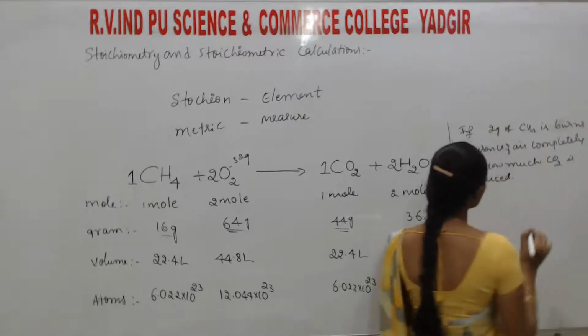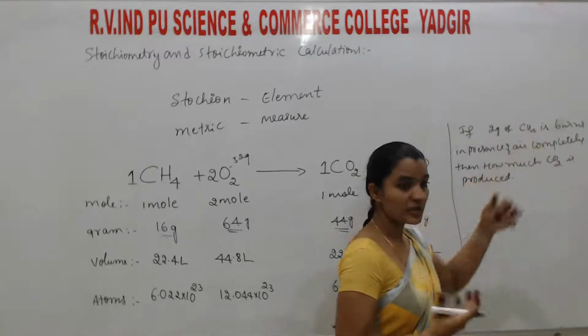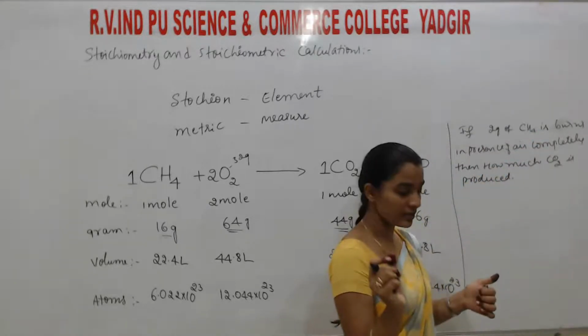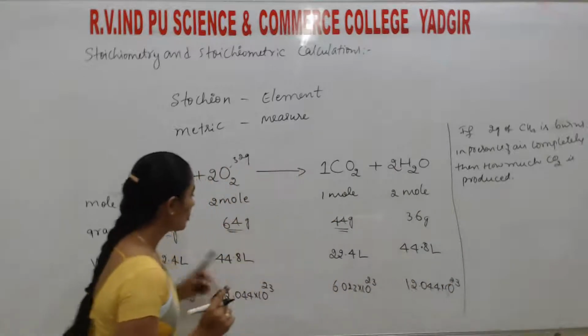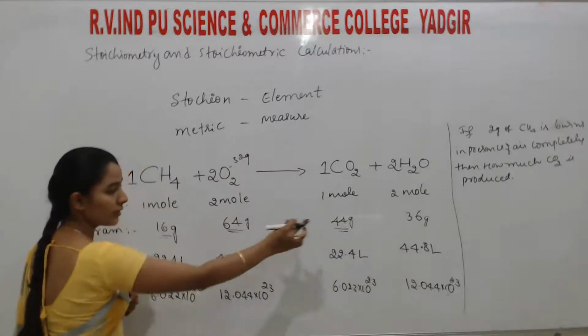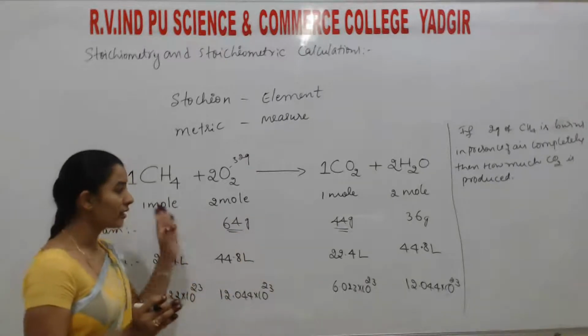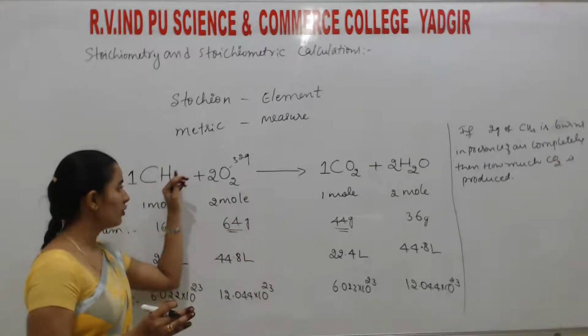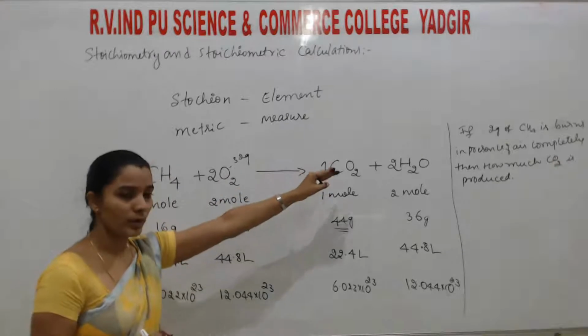This is the question. Means 2 gram of CH4 burns, how much CO2 is produced? Remember here, they are asking for CH4 and CO2. No need to consider the others, but you have to write the complete reaction. CH4 plus 2O2 gives CO2 plus 2H2O.